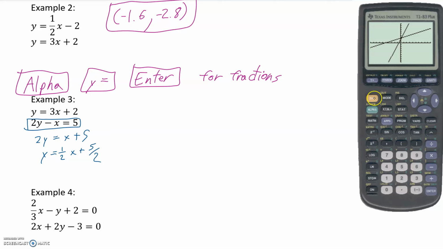And now we're going to press second function, calc, intersect, and you go to that position where you think it is, roughly there, enter, enter, enter, and you get the values of 0.2 and 2.6. So our answers are 0.2 and 2.6.